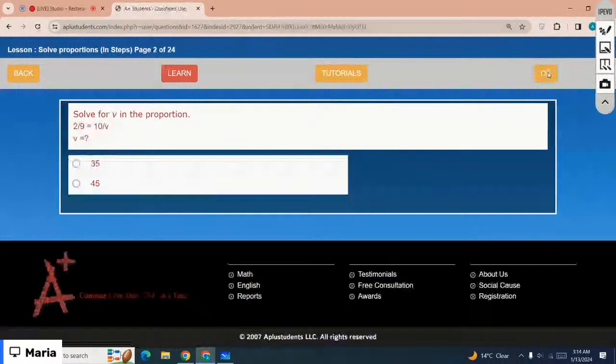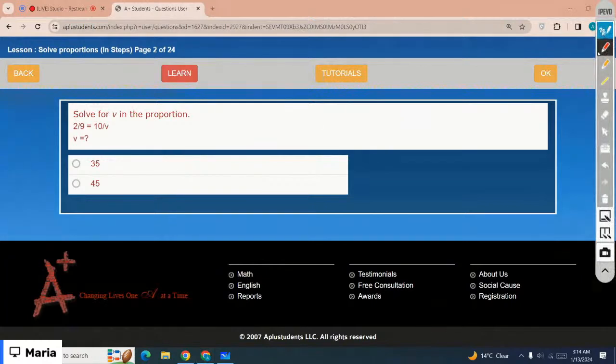Solve for V in the proportion. So you have to solve for V, that is 2 divided by 9 equals 10 divided by V. So just cross multiply, that would be V times 2 equal 10 times 9.